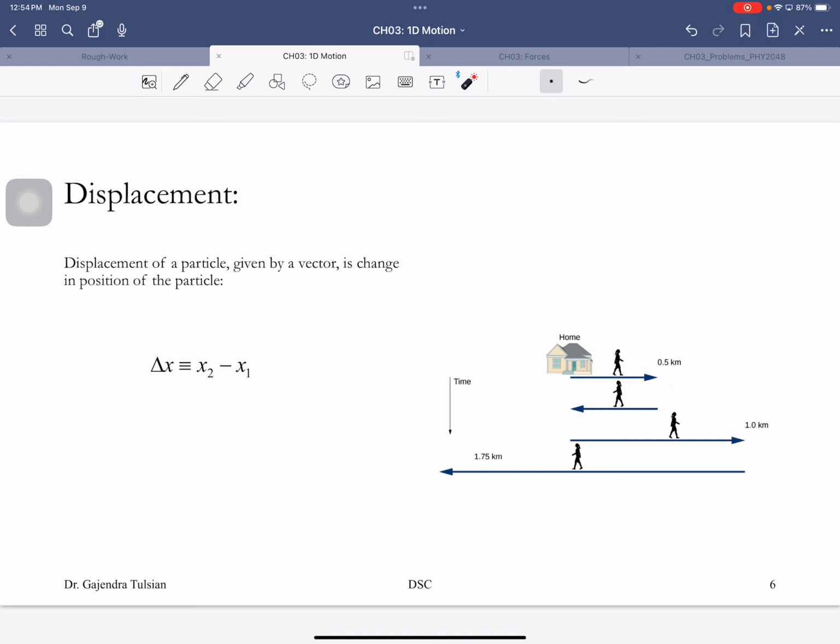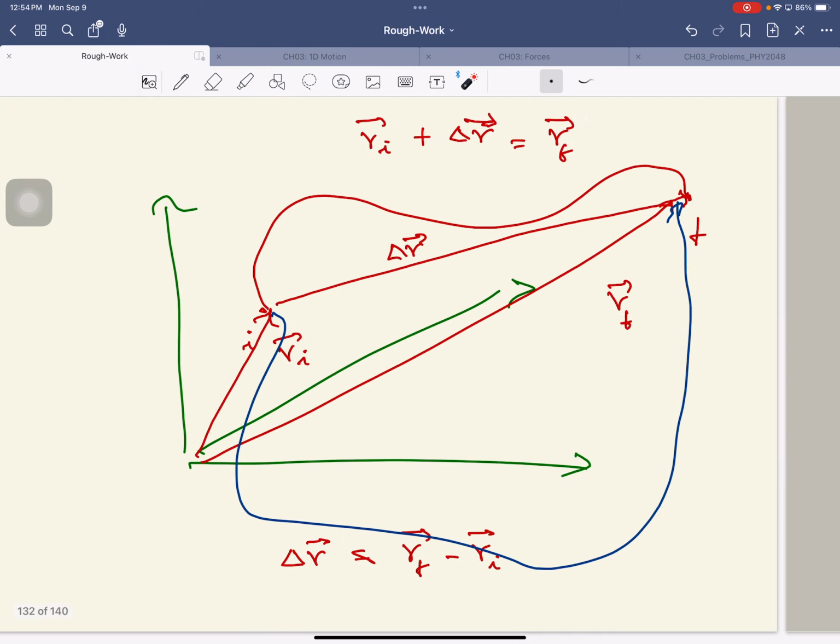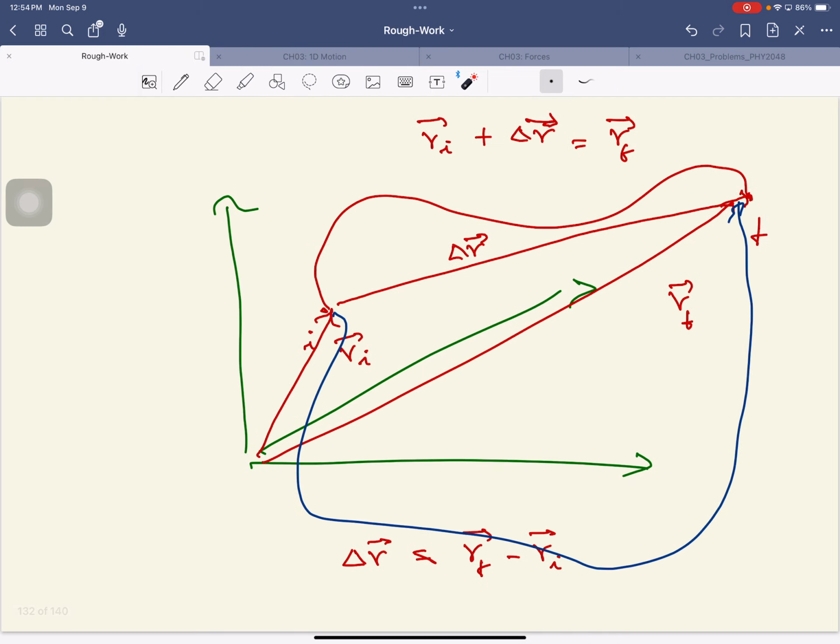For this journey, that is the displacement vector. So this is a vector quantity, and the displacement vector is the final position minus the initial position, just like we defined over here. Displacement is the final position vector minus the initial position vector.